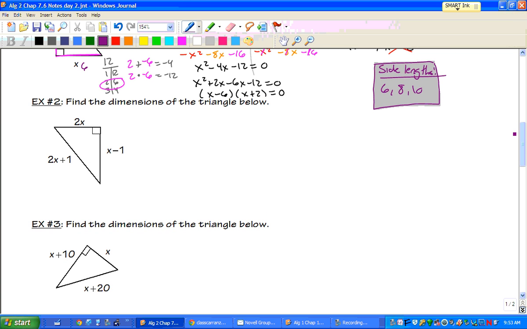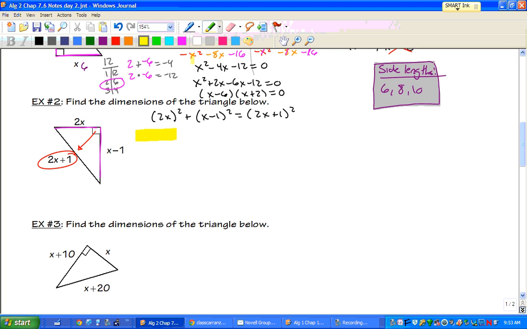All right, let's look at example number 2. I'm going to find our two legs, and there's the hypotenuse. So we have 2x squared plus x minus 1 squared equaling 2x plus 1 squared. Okay?